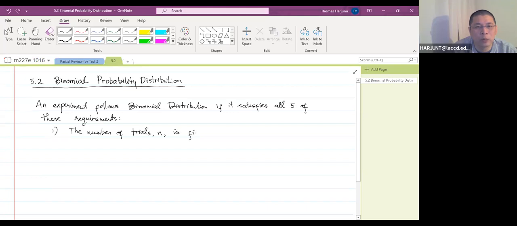We denote the number of trials by lowercase n. Second, the outcome: there are only 2 outcomes for each trial.